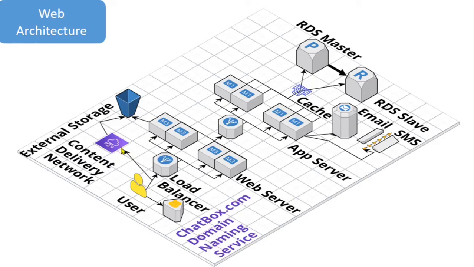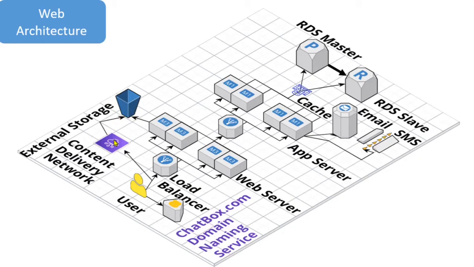So the first time a user tries to access their media files, the content delivery network will fetch that file from the external storage and put it inside its cluster, so that next time onwards when the user tries to access their media files, those files will be given from the content delivery network itself. It will not go again to fetch those files from the external storage.